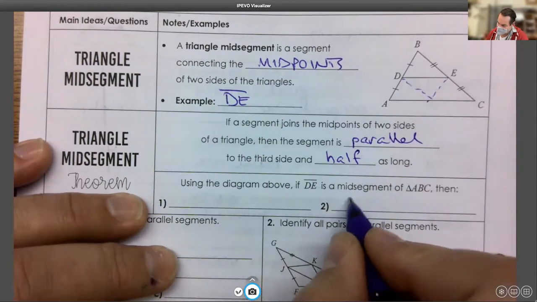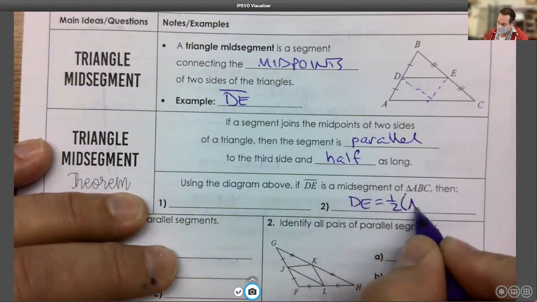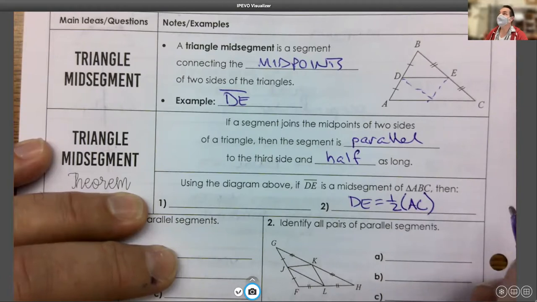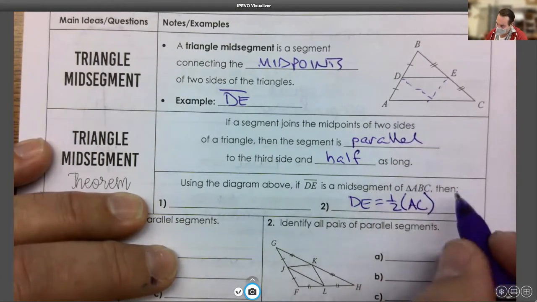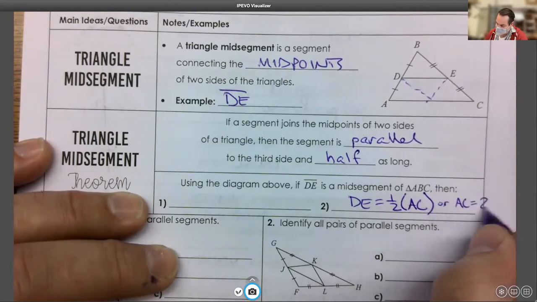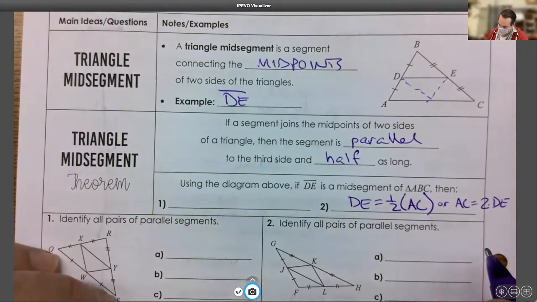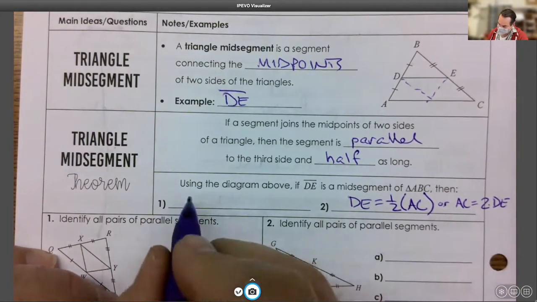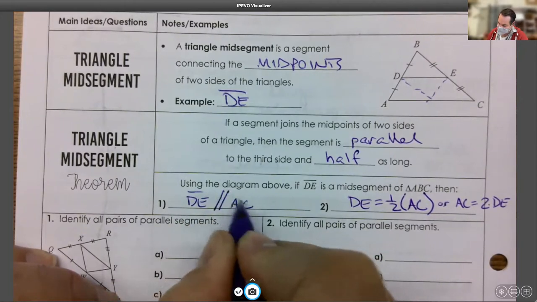So DE is 1/2 of AC. Or maybe we don't like fractions and we could say that AC is twice DE. And then the other relevant fact is that DE is parallel to AC.